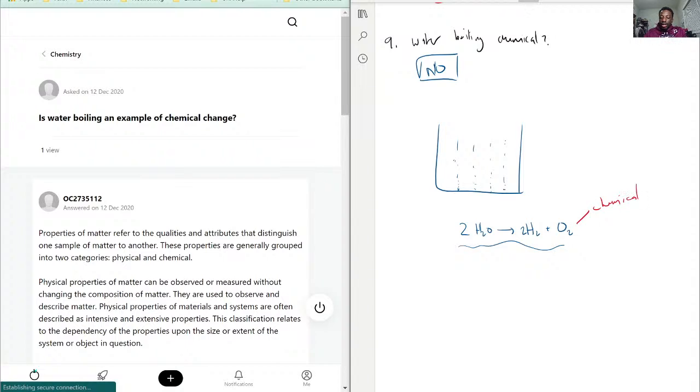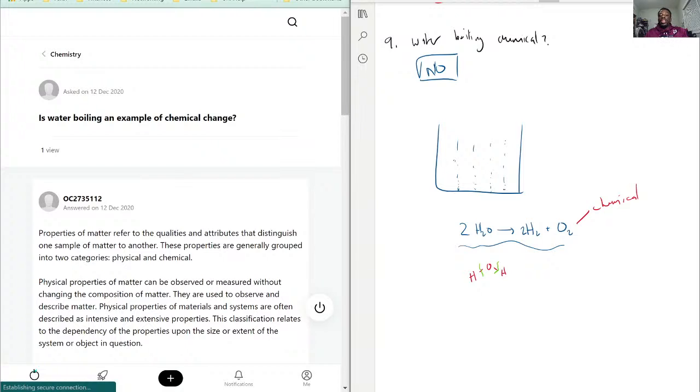Because chemical versus physical changes: in physical changes only intermolecular forces are broken, so you don't see bonds being broken. But in chemical changes, bonds are broken. So you have H2O here, okay, and the only way for it to get to 2H2, these bonds had to be broken, and that is a chemical change right there.